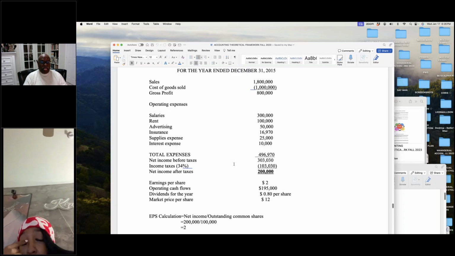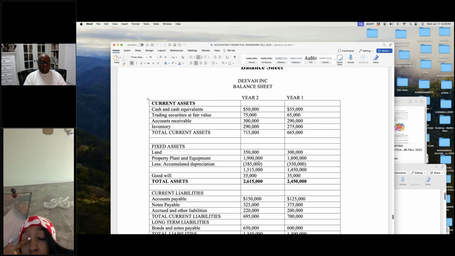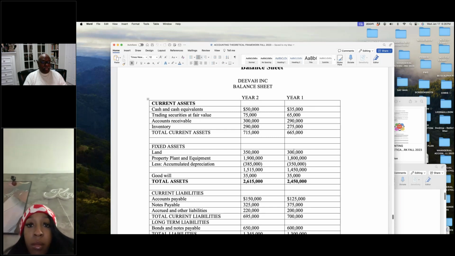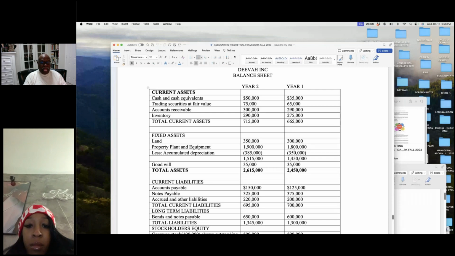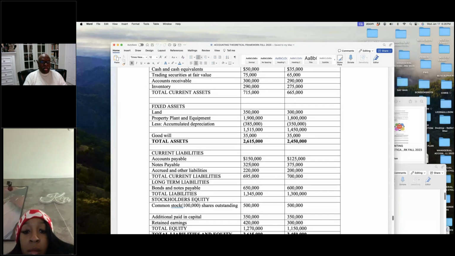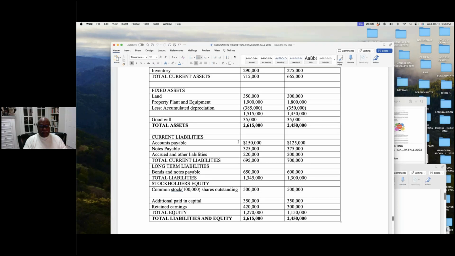The balance sheet tells us what assets and liabilities we have as a result of that income. When you prepare a balance sheet, the assets have to equal the liabilities and stockholders' equity. Total assets equal liabilities and stockholders' equity.